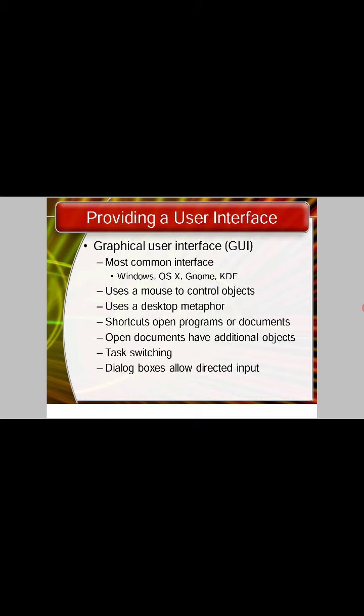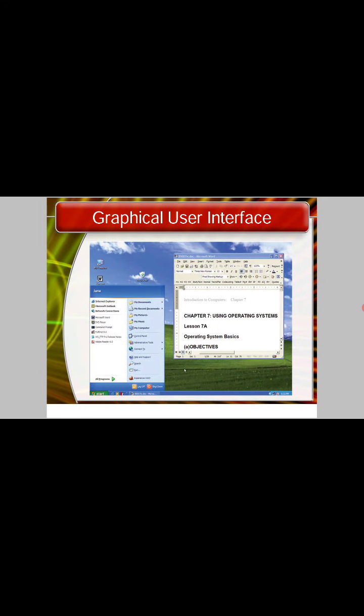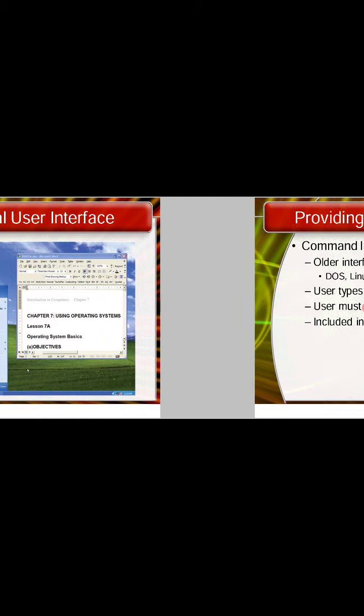GUI based operating systems, like Windows, also enable using mouse, desktop metaphor and shortcuts, creating shortcuts to programs, managing various tasks, and dialog boxes. So graphical user interface, for example Windows, has the start menu, desktop, like that.